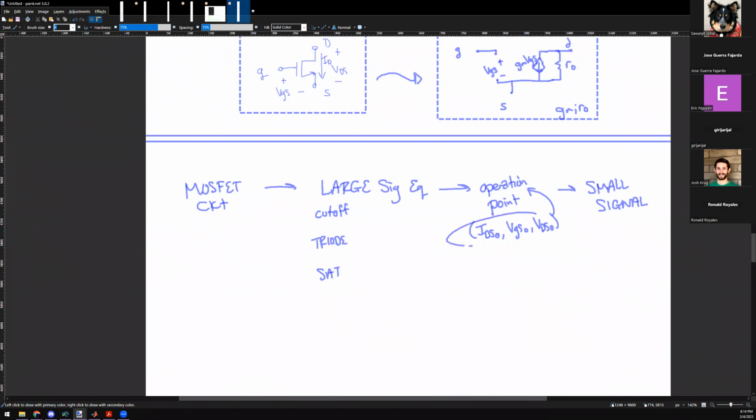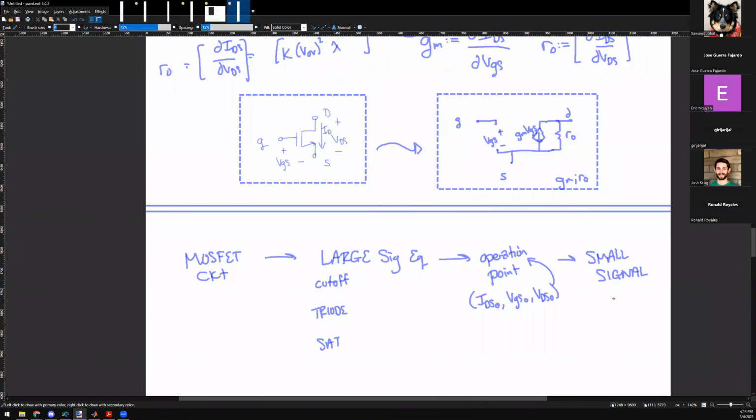And why do you need these? Because once you do this, what are the two components you need to find for small signal? You need to find R naught and gain, GM. And you need to know these three because they also tell you the mode of operation. From these together, you know which equations are used and what to plug into those equations to get GM and R naught.